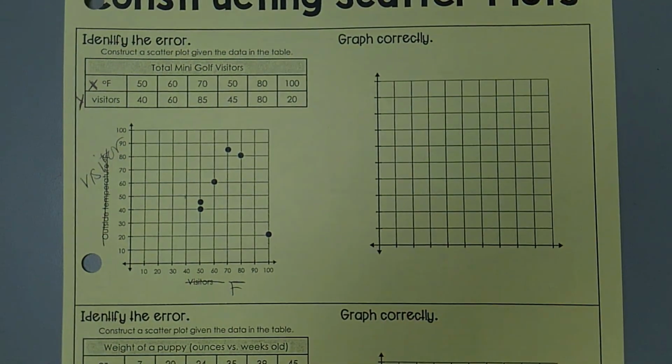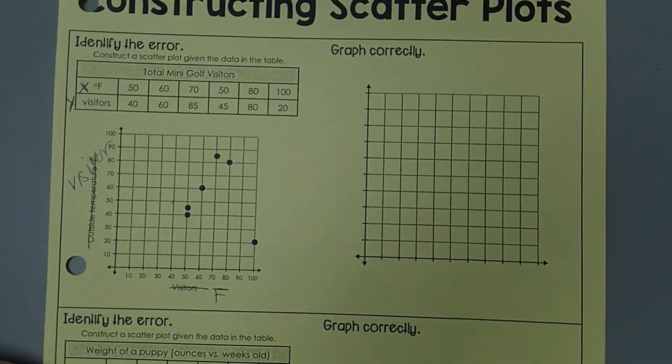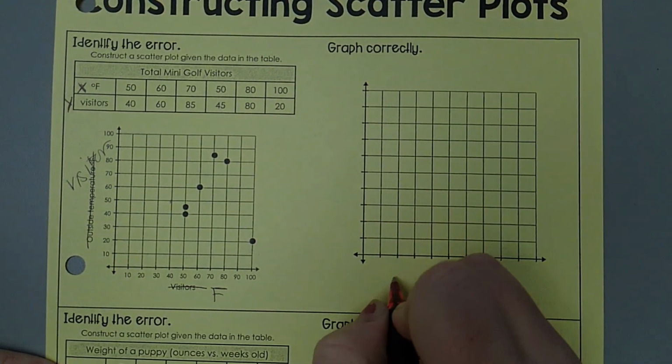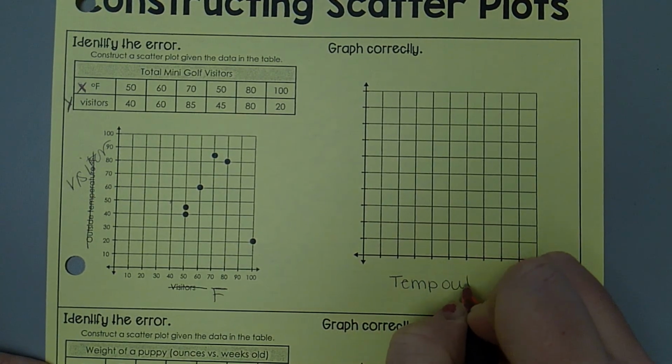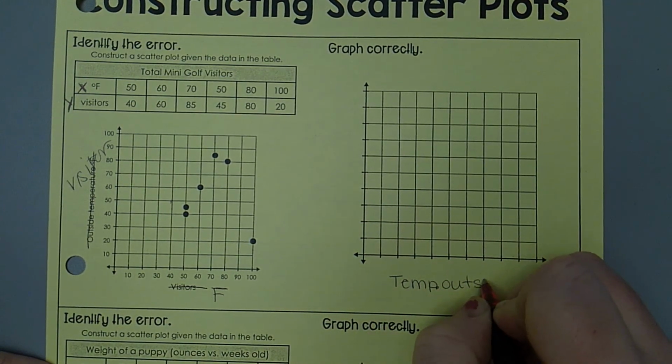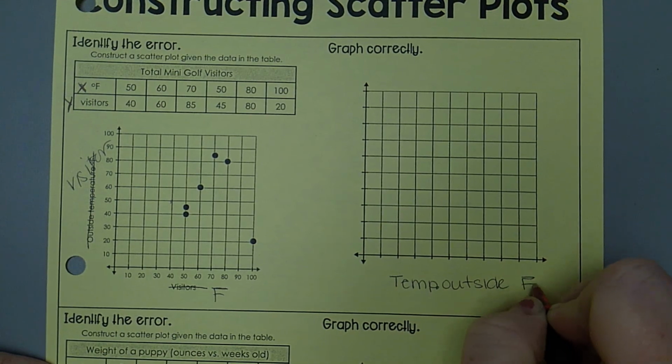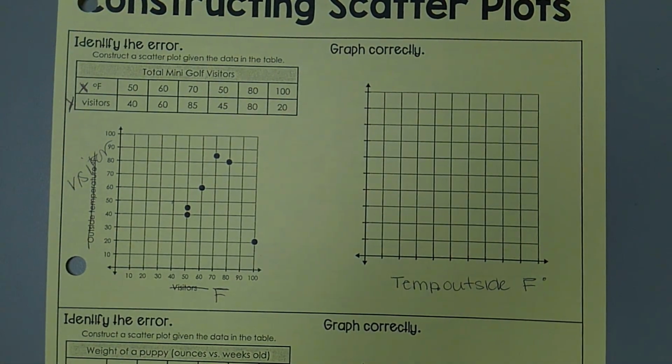And now we need to graph it correctly. We're going to use the correct labels, and then we're going to plot each point. So we have temperature outside, and it is in Fahrenheit.